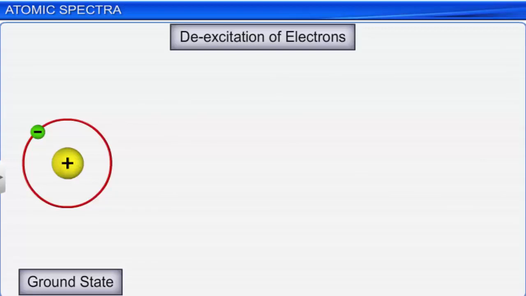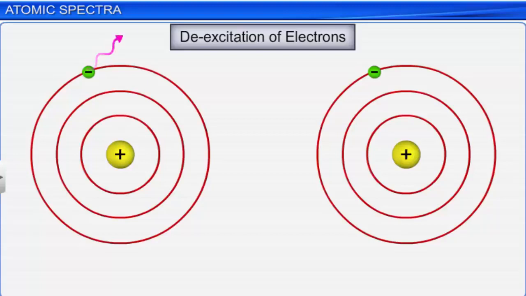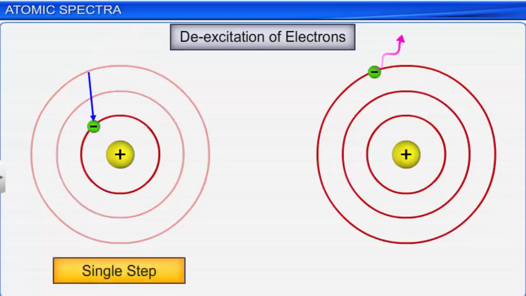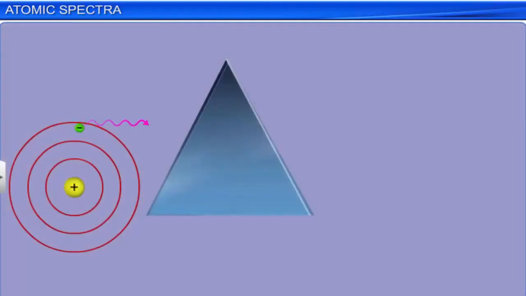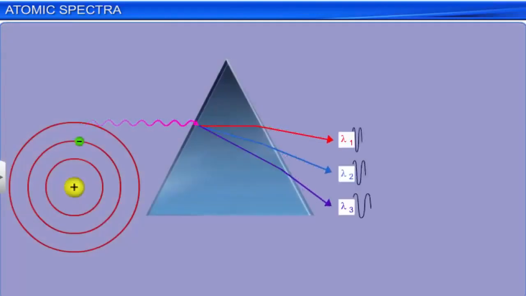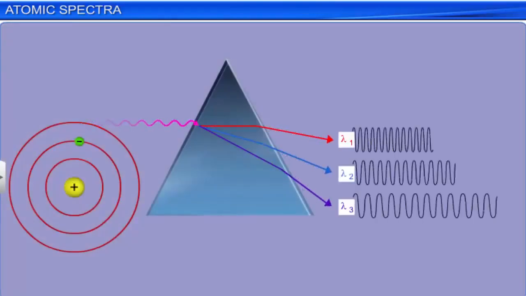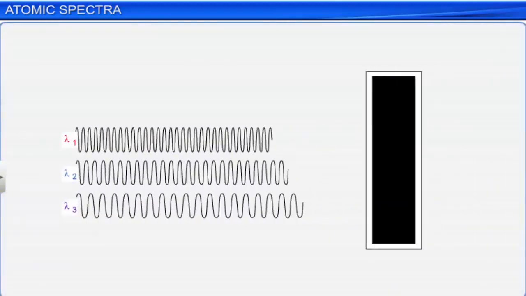This energy can be emitted in a single step or in a number of steps. Depending on the amount of energy emitted, a radiation of particular wavelength is obtained. The spectrum of radiation emitted by an atom is called emission spectrum.